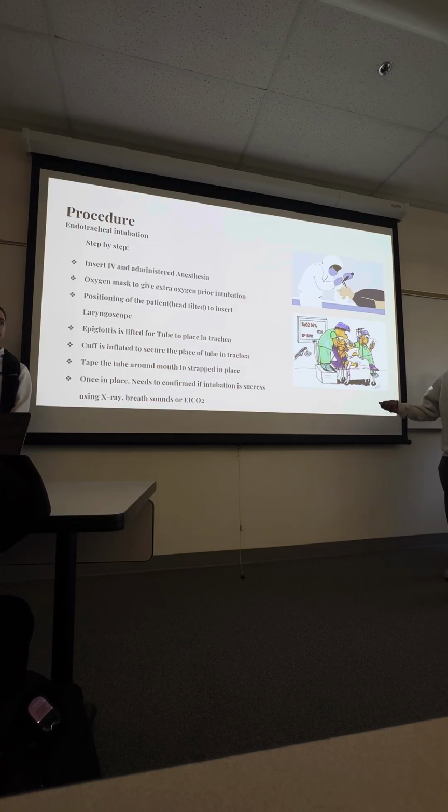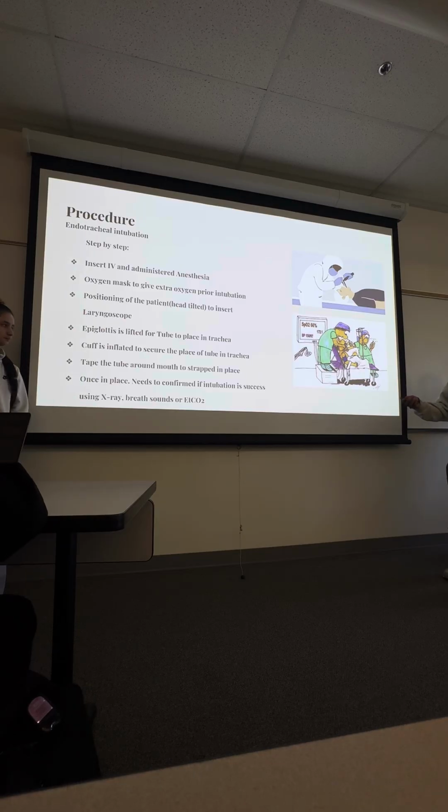And then step 3 is to start the intubation, where the doctor tilts the patient's head and then puts in a laryngoscope, which is like a camera that lets you see the pharynx, or the throat. And then step 4, we put in the laryngoscope and we should see the epiglottis, and then we can lift it up using the tool to open up the vestibular folds so we can see the trachea.